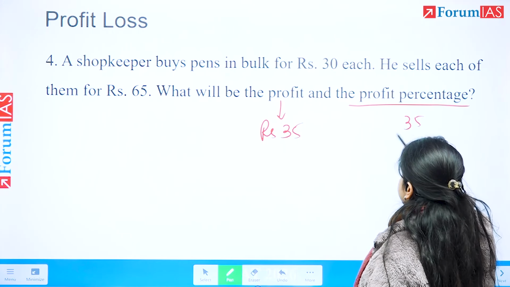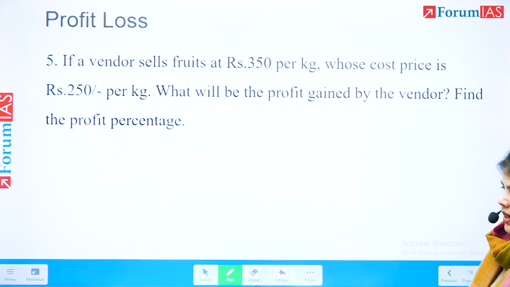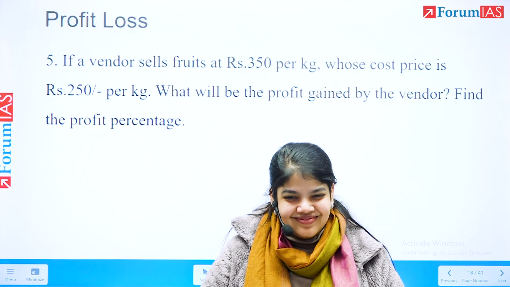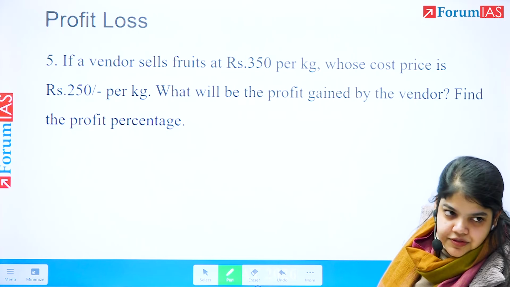Haan theek hai. Previous question. Okay. Next. If a vendor sells fruits at rupees 350 per kg, whose cost price is 250, what is the profit gained by the vendor? Similar question once again. Percentage bhi batao. Haan. 100 is 40% of 250.